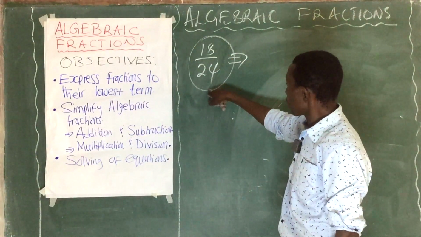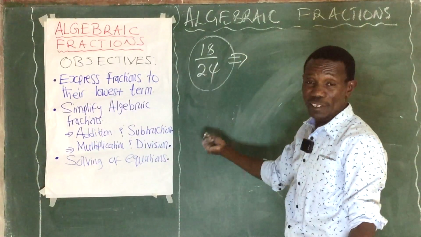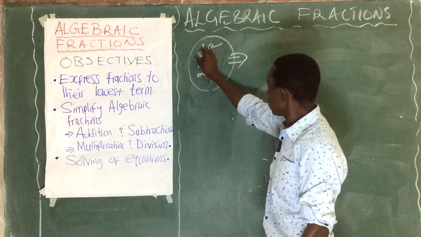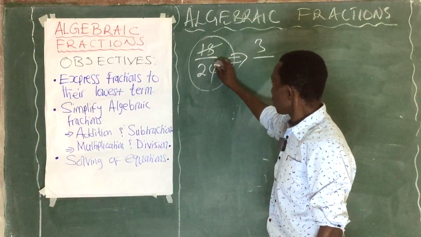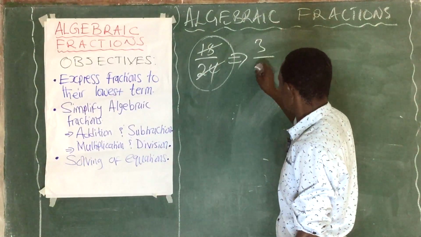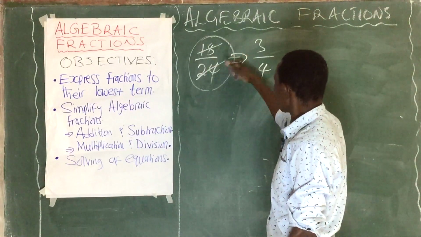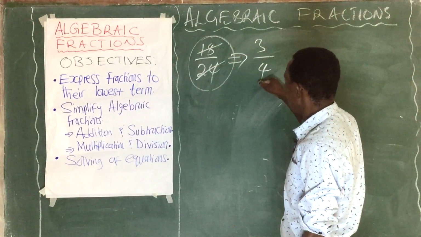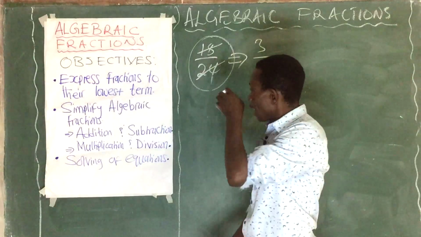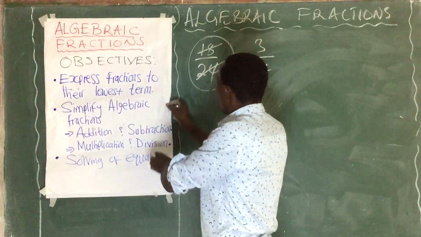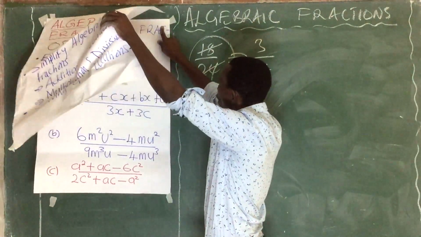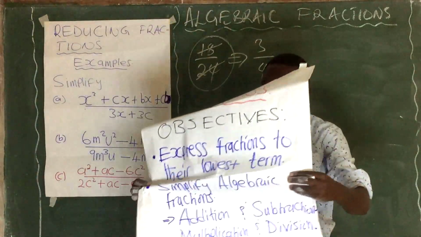Here the common factor is 6. The 6 goes into 18 3 times, and the same 6 goes into 24 how many times? 4 times. So writing 18 over 24 is as good as writing 3 over 4 in the reduced fraction.